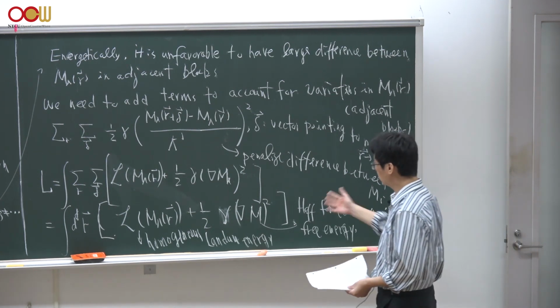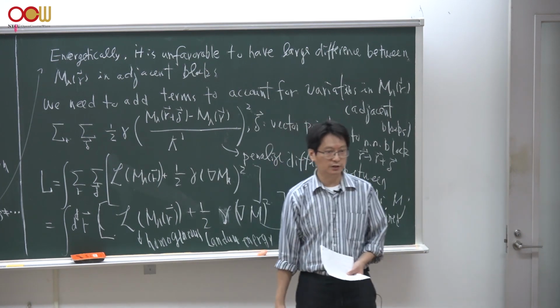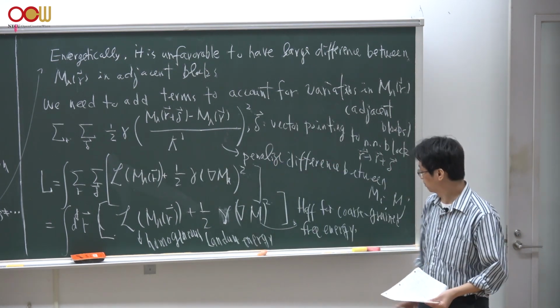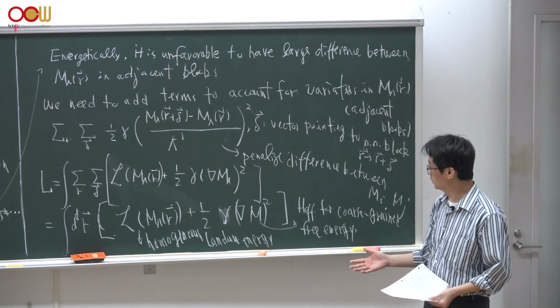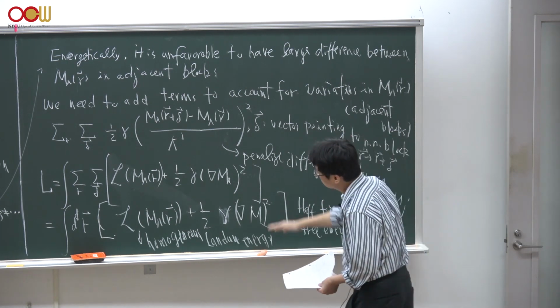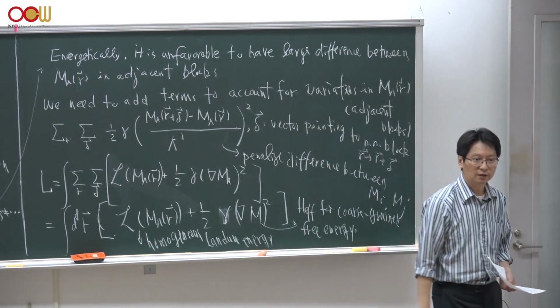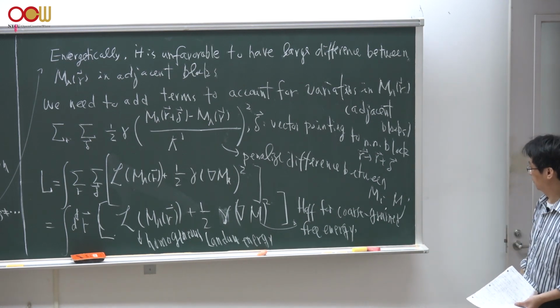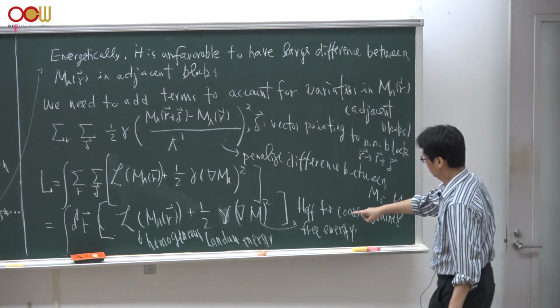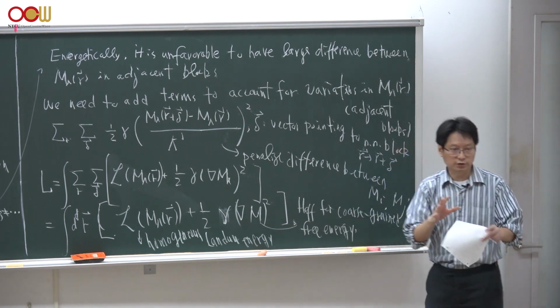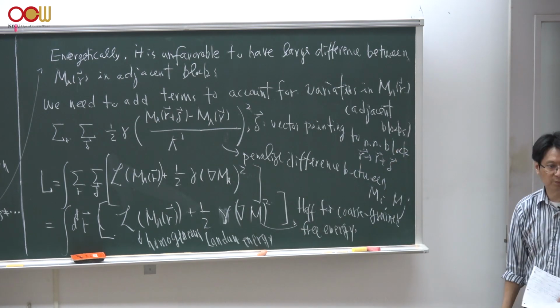This is the starting point of the field theory, because the statistical field theory comes from the Landau free energy density, beyond the mean field approach, which includes the fluctuations of the local magnetizations at each block.